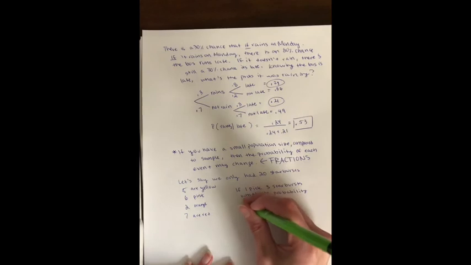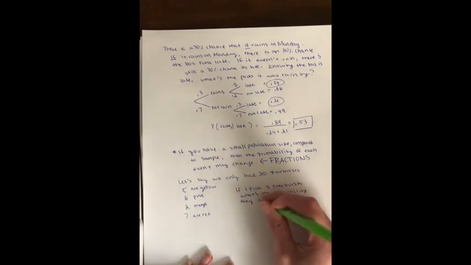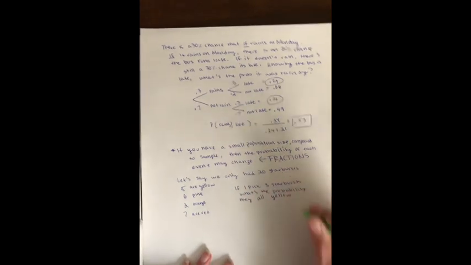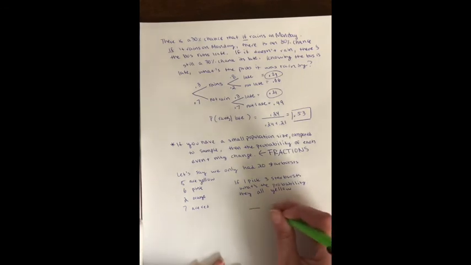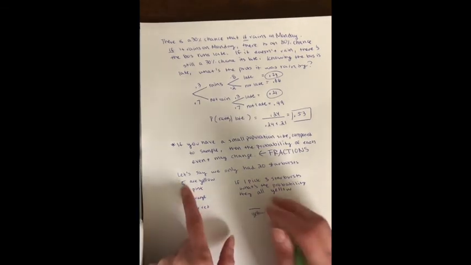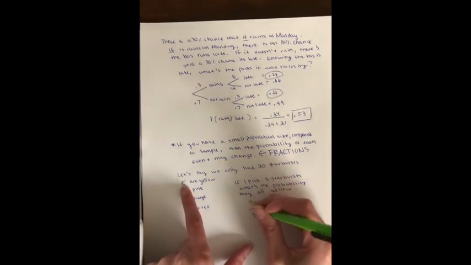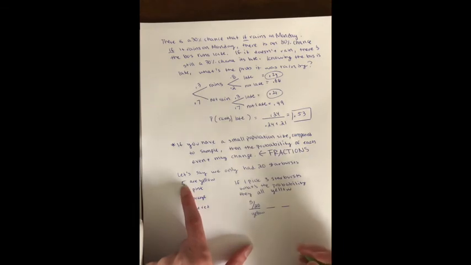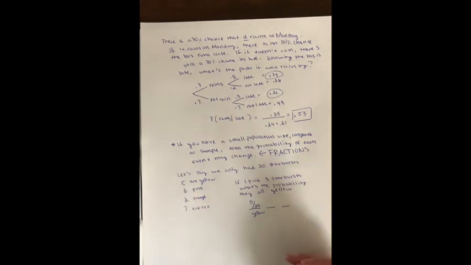What's the probability they are all yellow? Okay, so if I'm picking 3, I want them all to be yellow. I think about pulling the first one and I'm like, okay, well 5 out of the 20 are yellow. So there's a 5 out of 20 chance I pull that yellow. And then I eat that Starburst, there's no longer 20 there. And there's no longer 5 yellows.